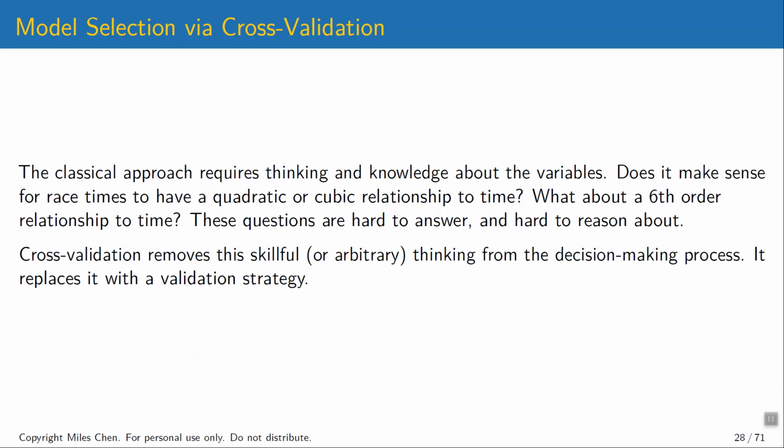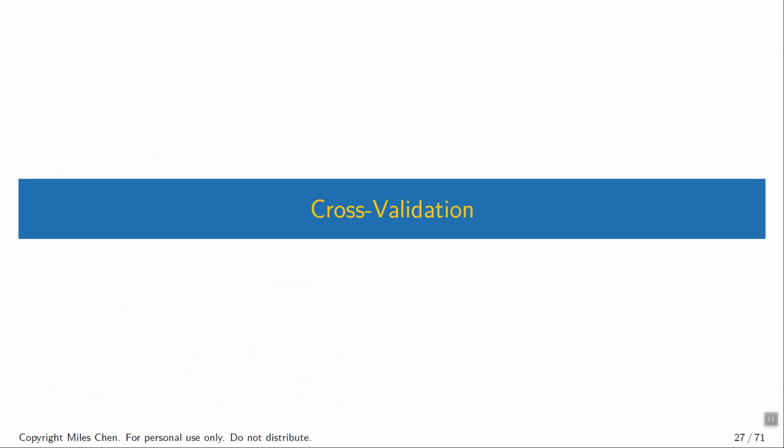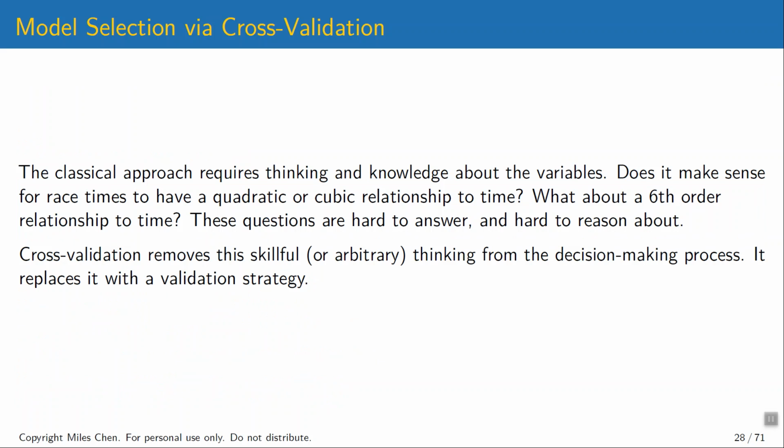So one method that we lean upon is the idea of cross-validation. Cross-validation removes the need to think very critically about the implications of these relationships, and rather we just evaluate the model based on its predictive performance.